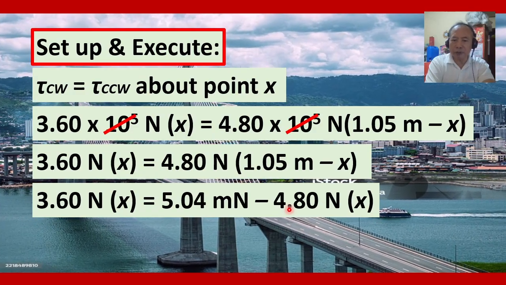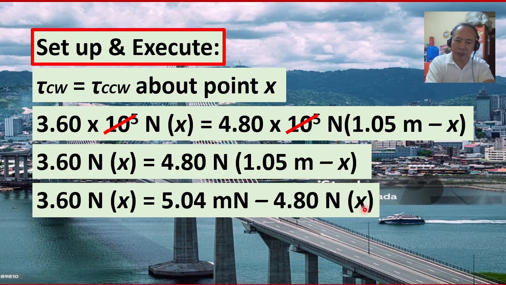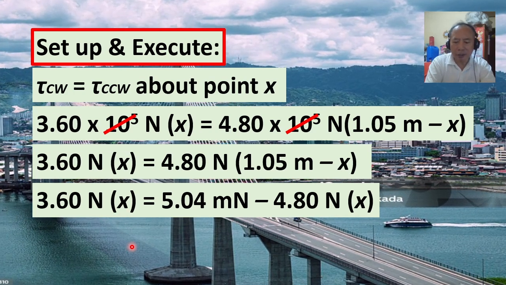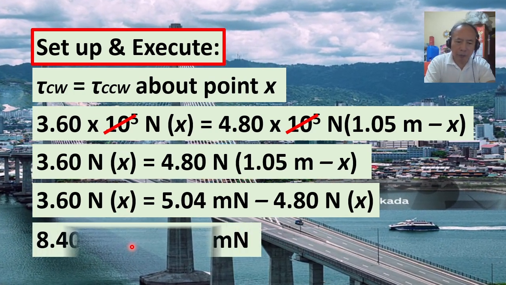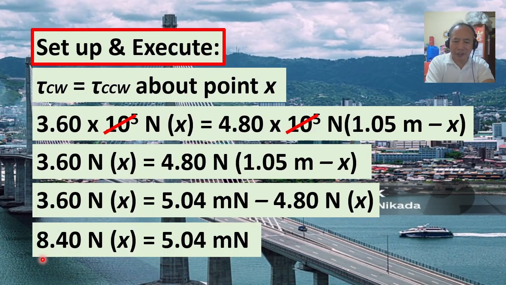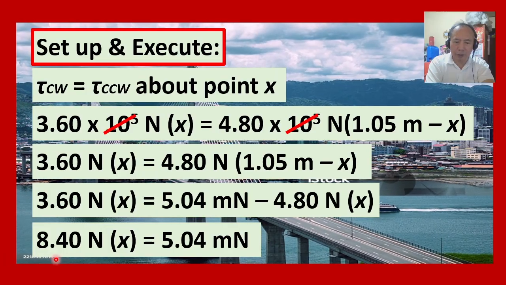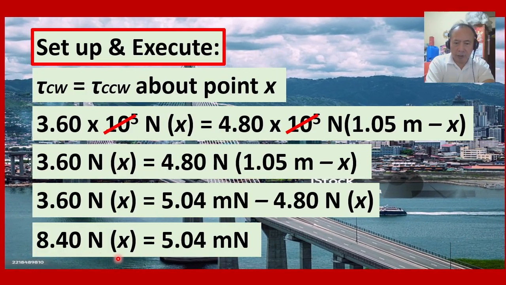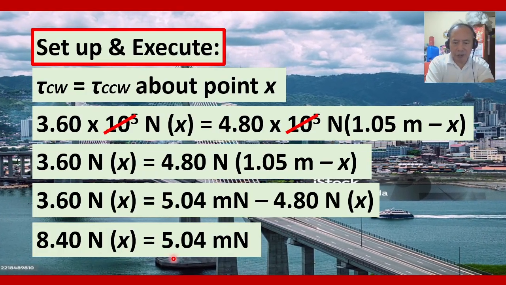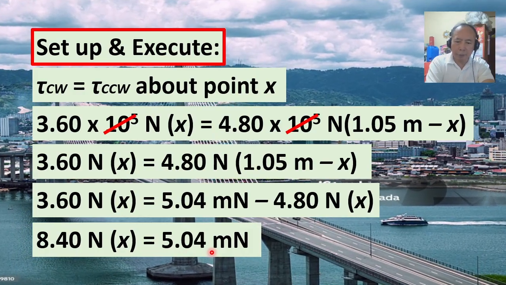And when we transpose negative 4.80 Newton times x to the left side, this is what we get: 4.80 plus 3.60 gives us 8.40 Newton times x, equated to 5.04 meter Newton.